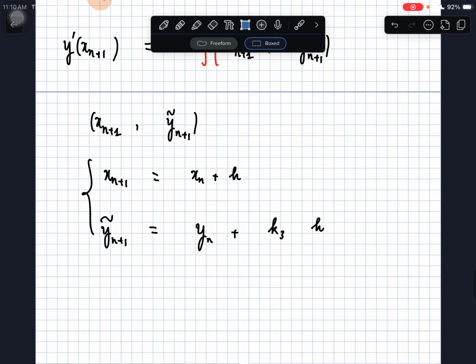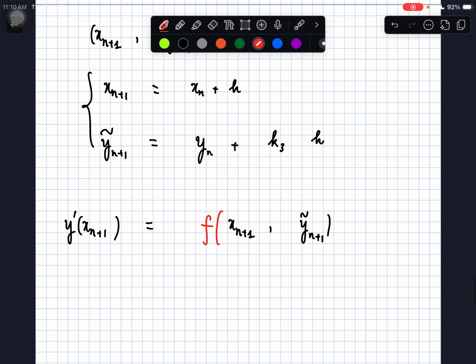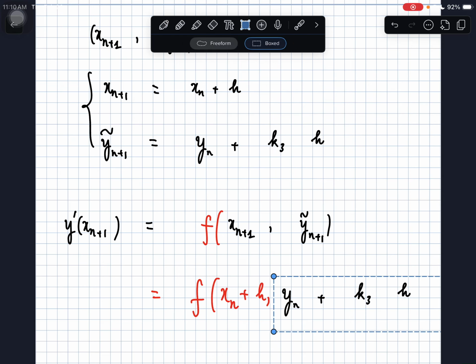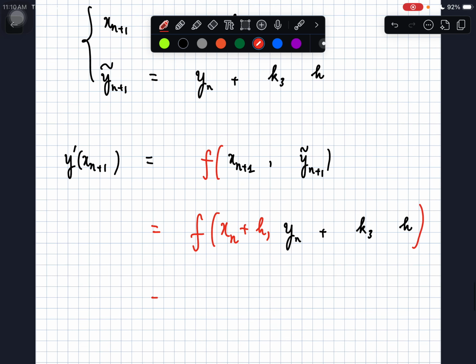So f of xn plus h, yn plus 1 tilde is this one. This one we call k4, the last term.